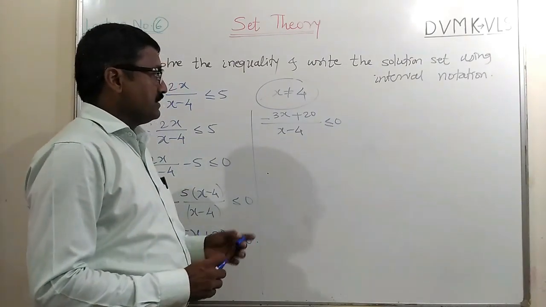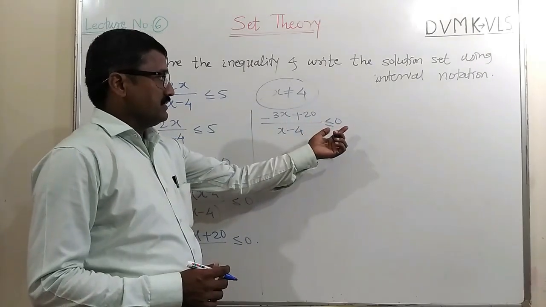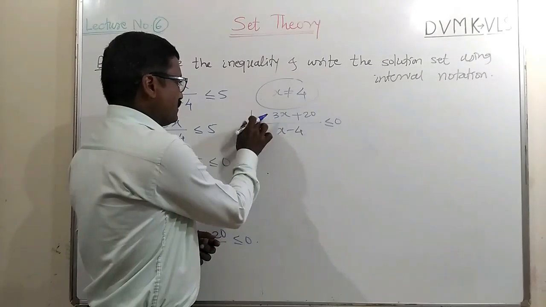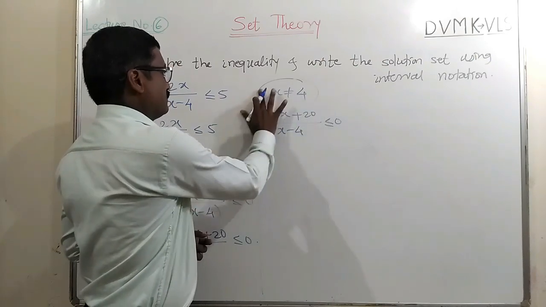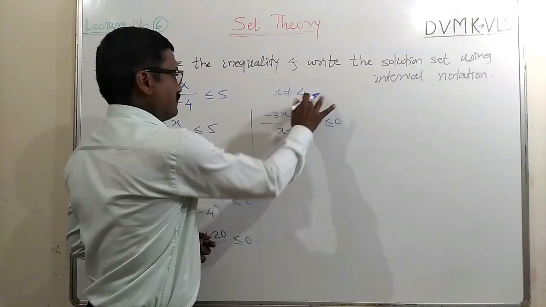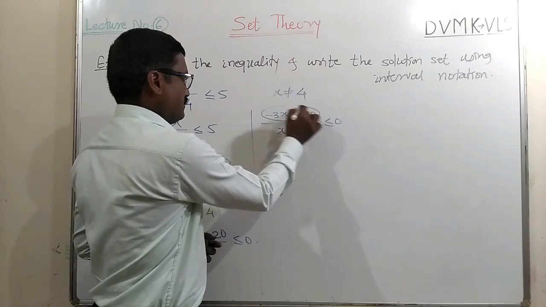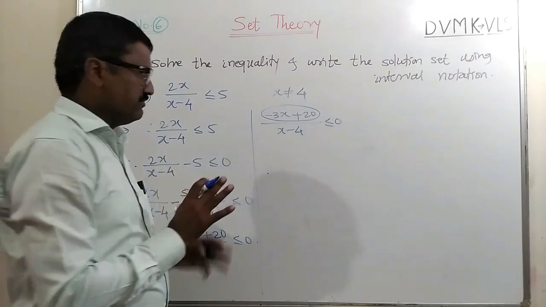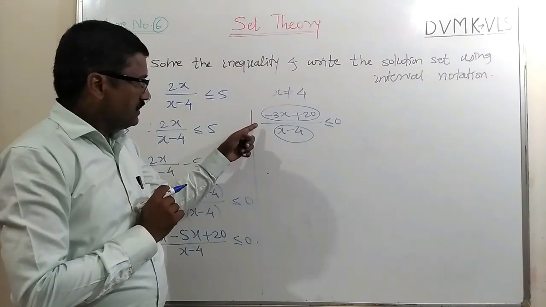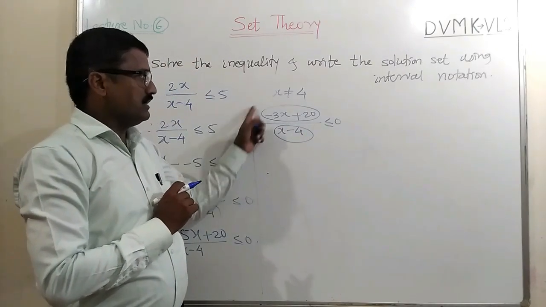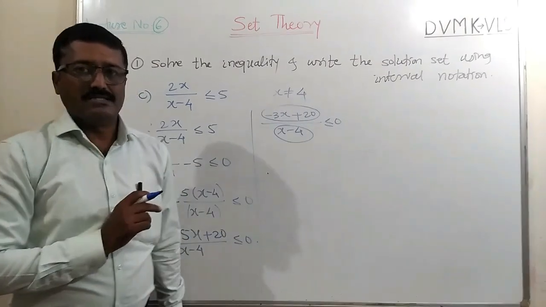Now what to do here? This ratio of these two numbers: this is the first number, it may be positive or negative, we don't know, and this one is the second real number. So the ratio or division of two real numbers is less than or equal to 0.